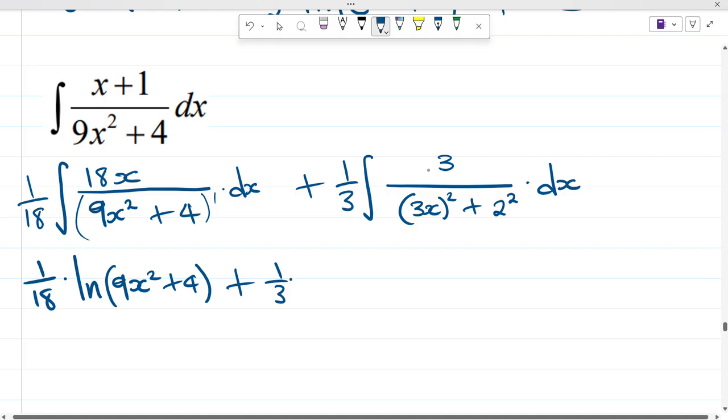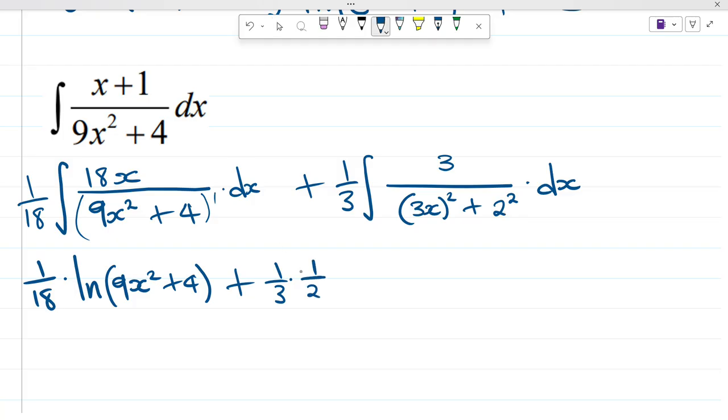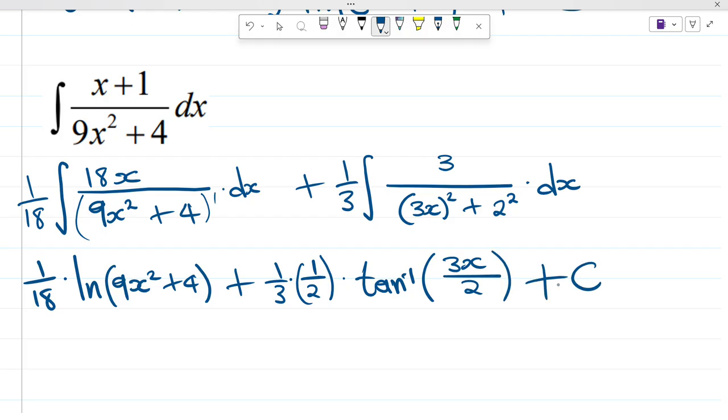The integral of this is going to be the tan inverse one, because we have f of x squared plus a squared, right? Now that our a is equivalent to 2, we say 1 over a outside. So 1 over 2 multiplied by tan inverse of 3x over 2, and then plus c. Ta-da! We have our answer.